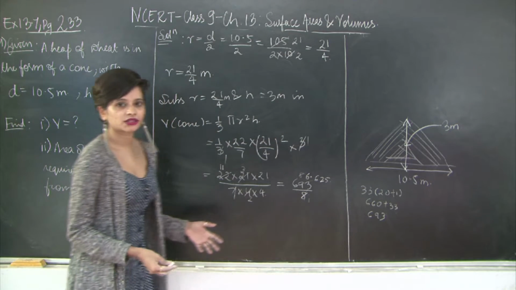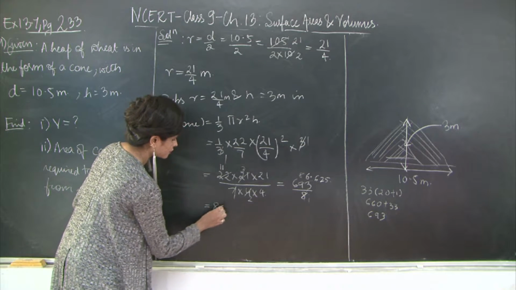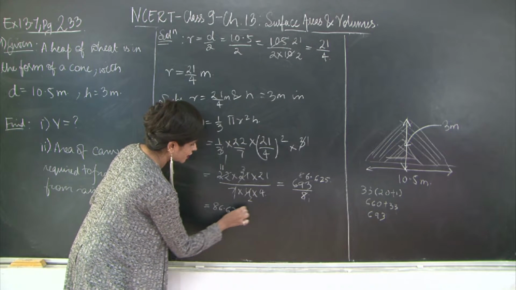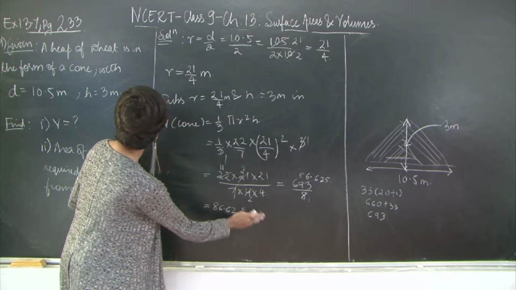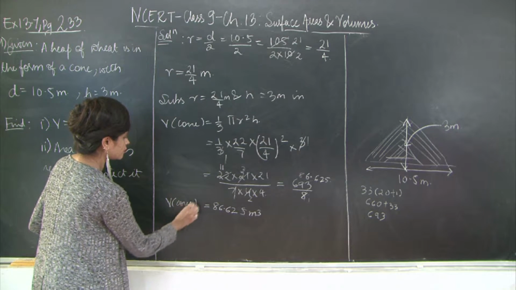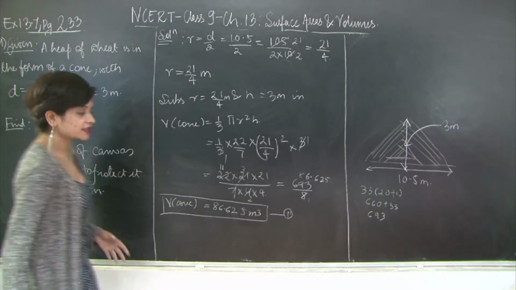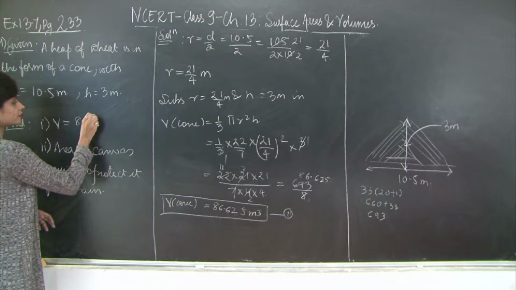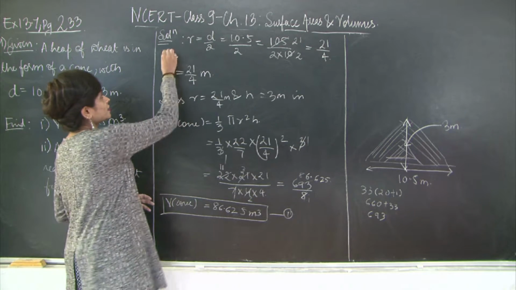So 86.625, which can be written as 86.63, in meter cube, because the dimensions are in meter. This is the volume of cone. I'll mark this as 1 and write it down over here: 86.625. So we have found the first section.